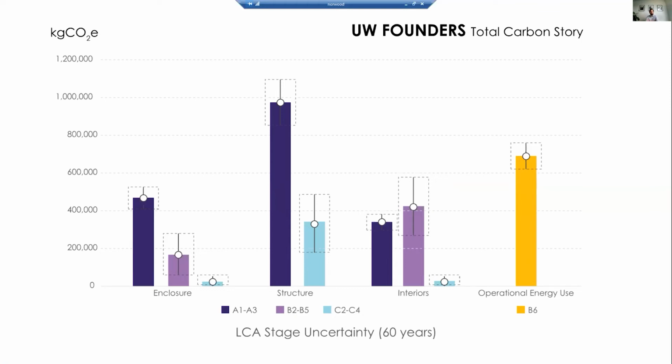But as we move into, say, the B stages of use and replacement, and into the C stages of end of life, these are areas that really require us to extrapolate our feelings on the future, and the numbers that are associated with them really kind of correlate with those beliefs and the theories that we have on how the building will actually age. So they're described as a single number coming out of Tally, but when we look at it in reality, there's going to be a range.